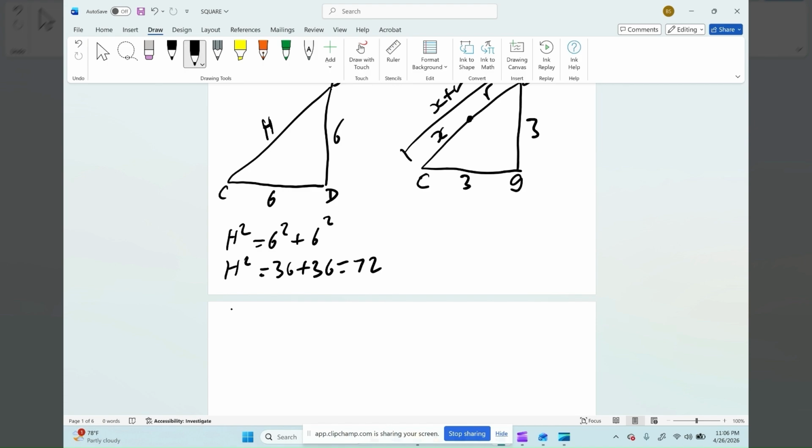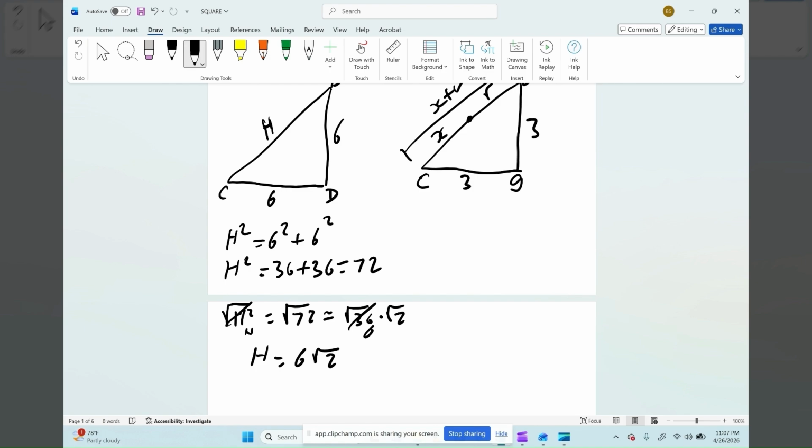Therefore, the square root of H squared is equal to the square root of 72, which is also equal to the square root of 36 times the square root of 2, that becomes 6. Therefore, H is equal to 6 square root of 2.